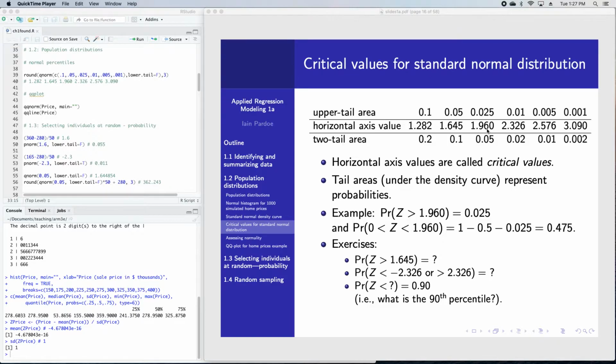The critical value is 1.96. We could do a calculation based on that result if we were interested in finding the probability that Z is between 0 and 1.96. Okay, so how do we do that? Well, the upper tail area to the right of 1.96 is 0.025.